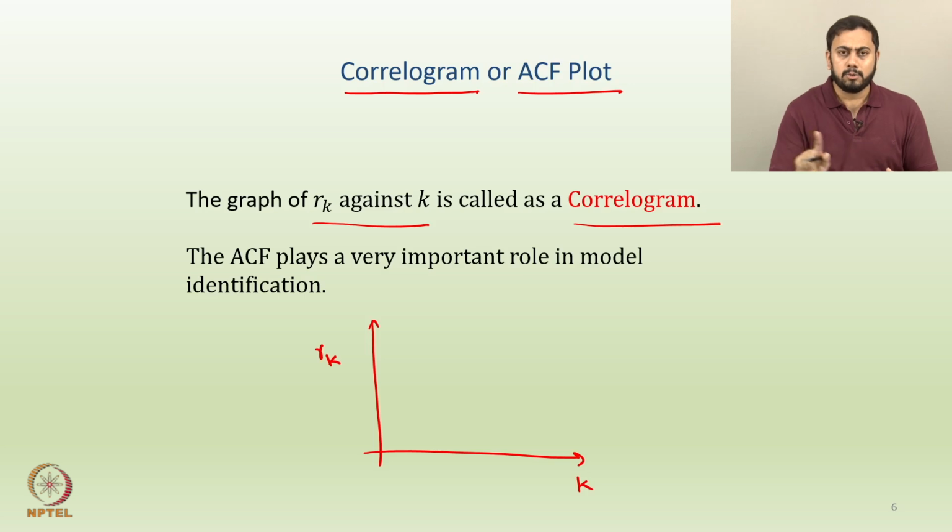We will do a small exercise slightly later on this front, as to how you identify the model just by looking at the plot. But the important part in this slide is to understand the idea of a correlogram. So a correlogram is nothing but a simple graph of k versus rk.